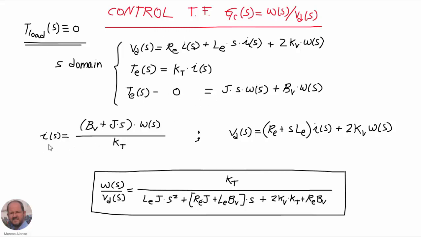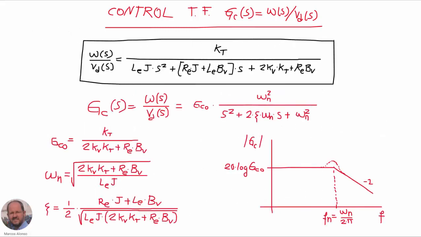So we obtain the current I, we obtain the voltage VD, and then solving we finally obtain this transfer function here. And as we can see, it has a characteristic polynomial which is a second order polynomial.